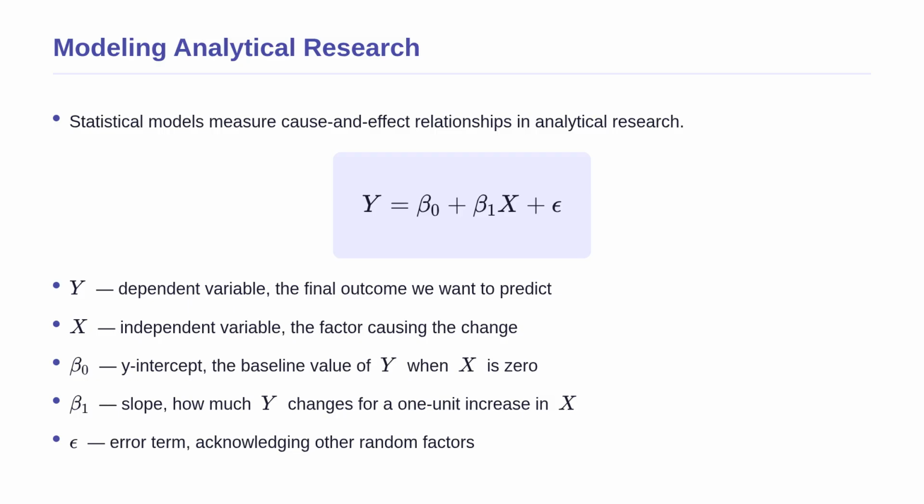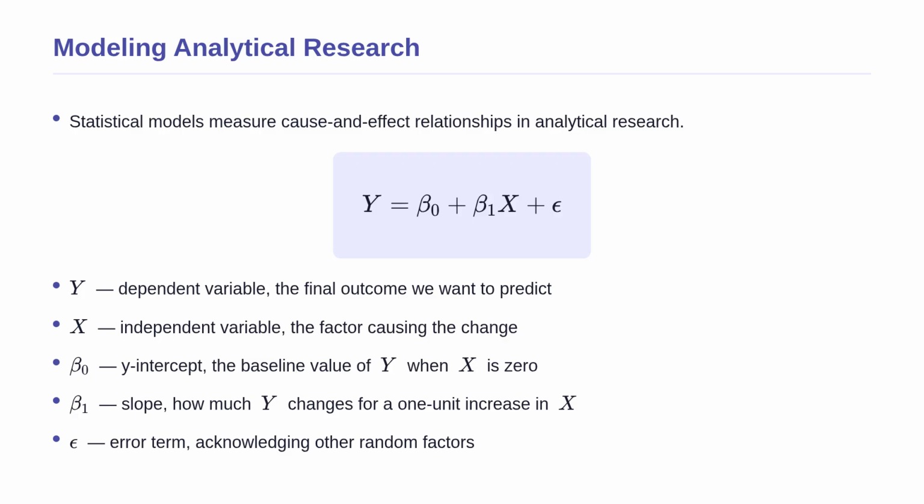To truly understand analytical and quantitative research, let us look at how we represent it mathematically. When we want to prove that one thing causes another, we build a statistical model, like the simple linear regression equation shown here. The symbol y represents the dependent variable, which is the final outcome we want to predict. X is the independent variable, the factor causing the change.